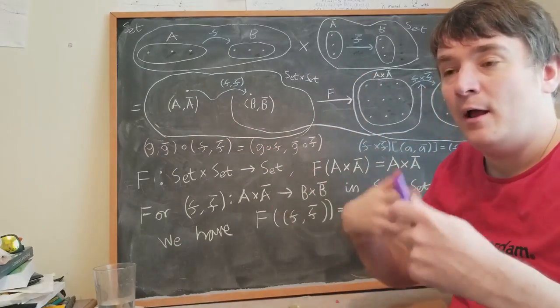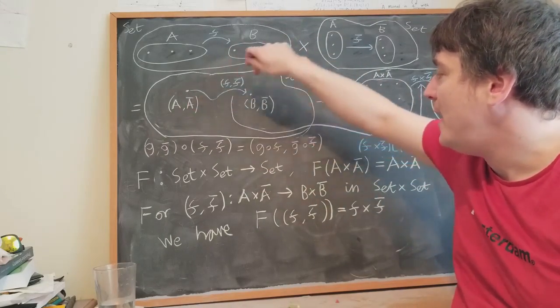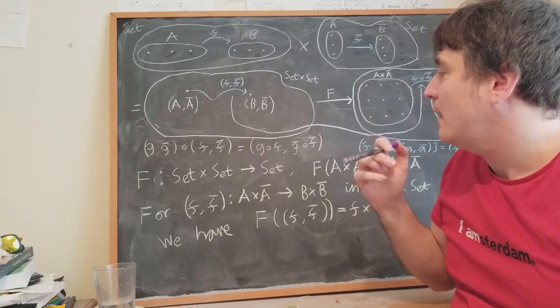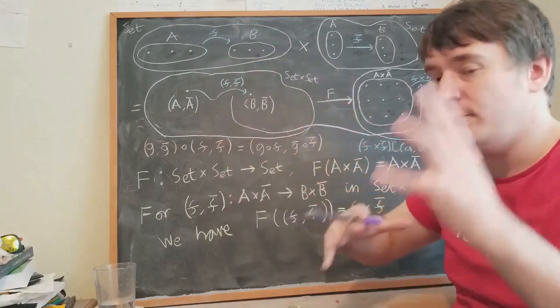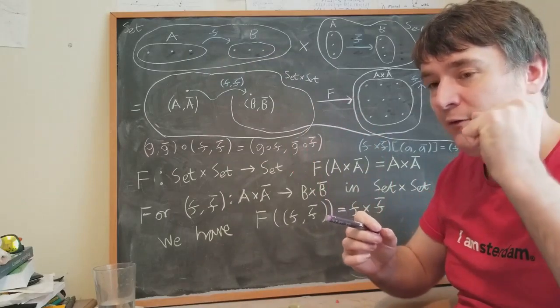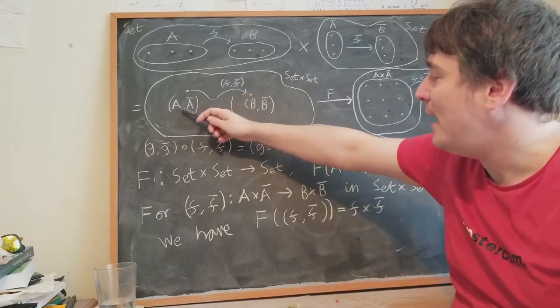Okay, so this category is not a load of sets, it's a load of these objects which are sort of abstractly representing pairs of sets.